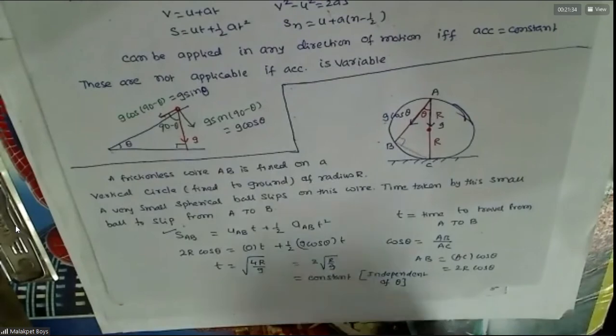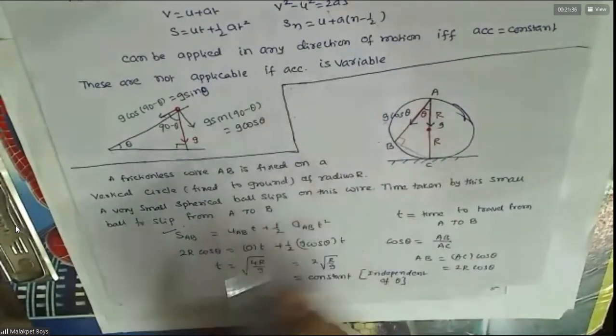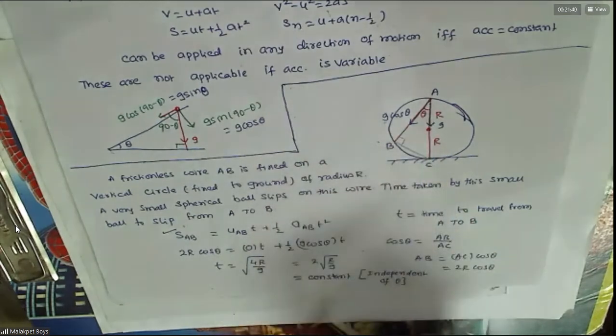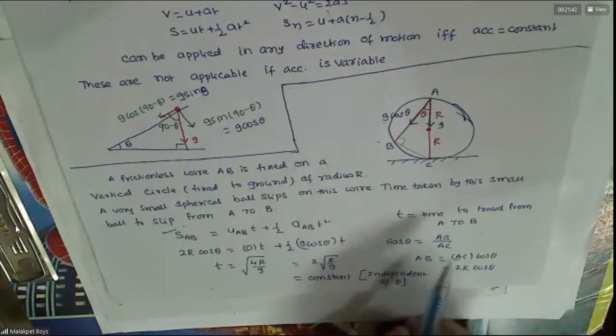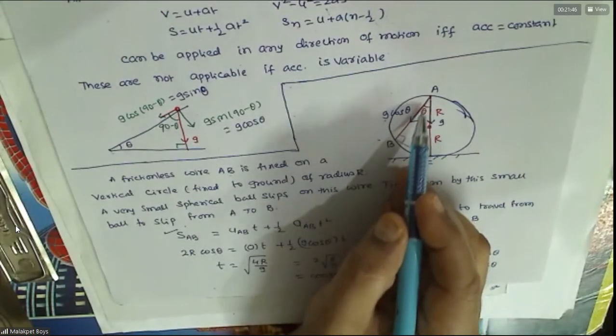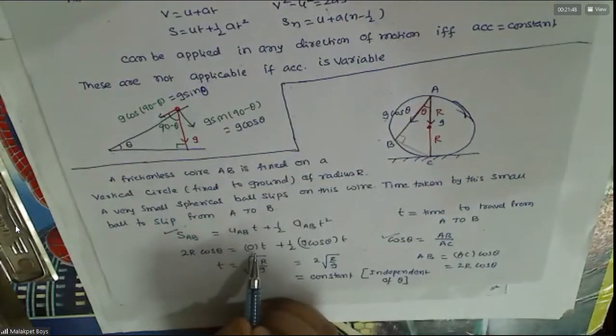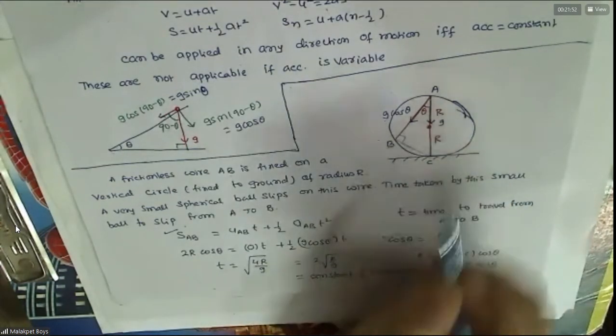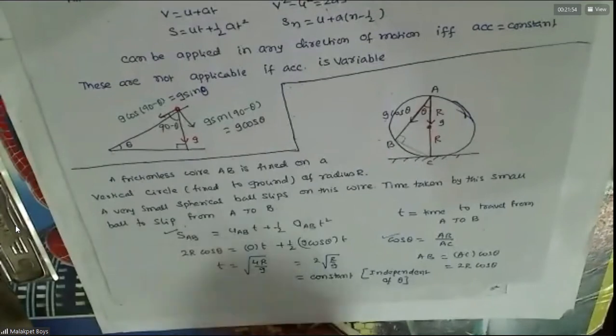Along AB, the displacement is this. I calculate AB simply from using this. Initial velocity is 0, therefore along AB also it is 0. This is g. What is the component of that? g cos theta. Substitute this and get t.